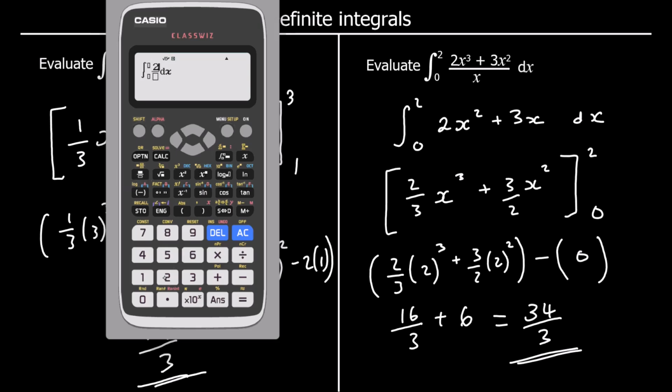And then on the calculator, so we've got 2x cubed plus 3x squared over x between 0 and 2. Error.